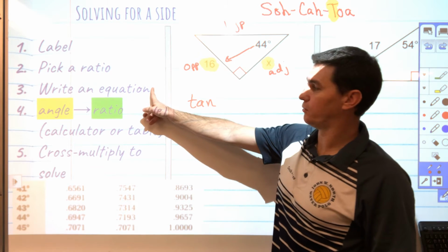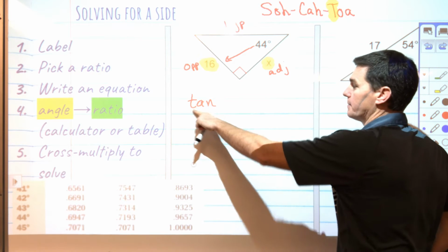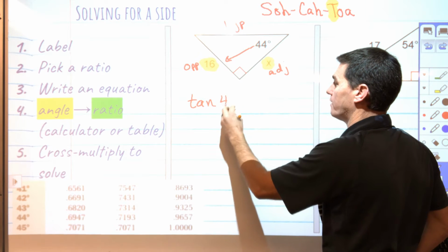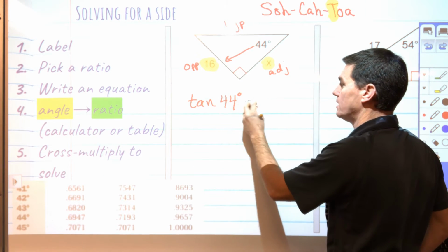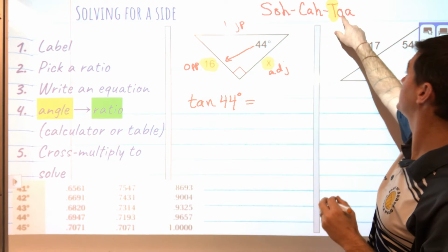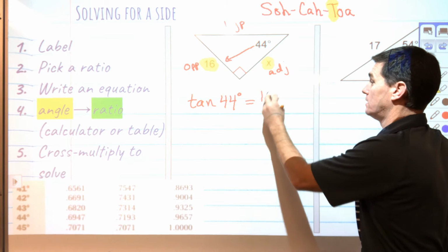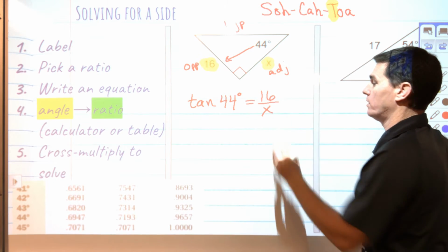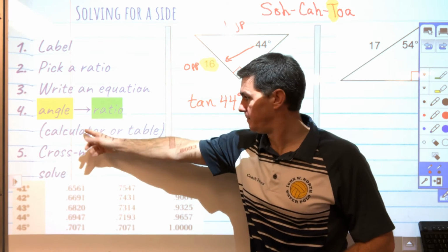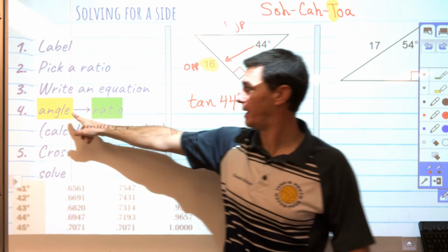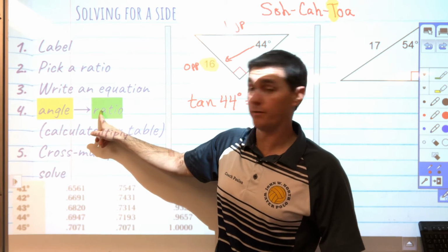Now I have to write an equation, and that equation looks something like this. Tangent of what reference angle? 44 degrees. And what is the tangent ratio? Tangent is opposite over adjacent. 16 over x. And here I am with my equation. Next, I use a calculator or a table, and I use my angle to find the ratio.